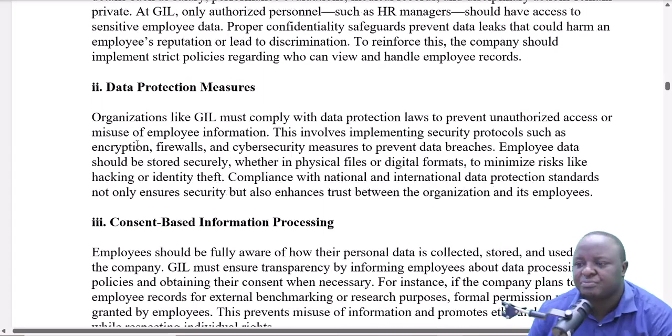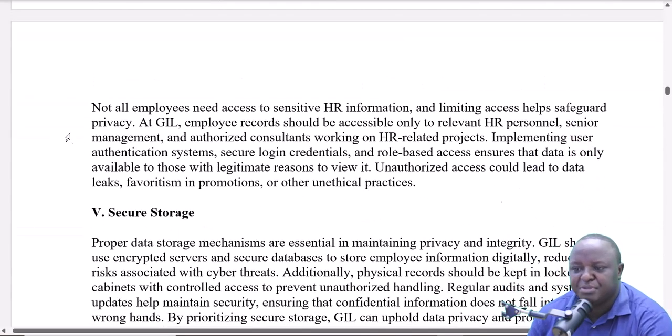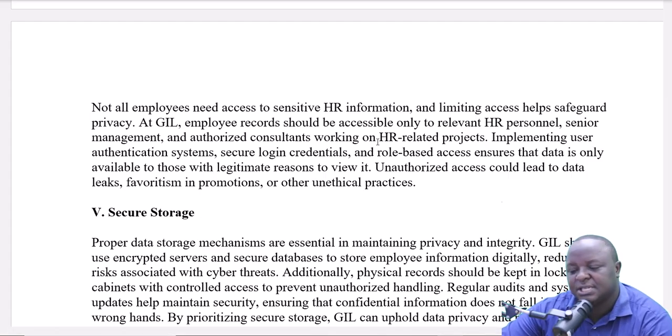Another aspect is restricted access. Of course, I've mentioned that. Not all employees need to access sensitive HR information. Limiting access helps safeguard privacy. At Guild, employee records should be accessible only to relevant HR personnel, senior management, and authorized consultants working on HR-related projects.